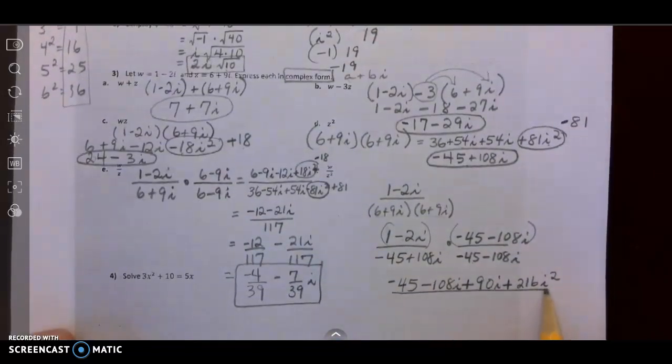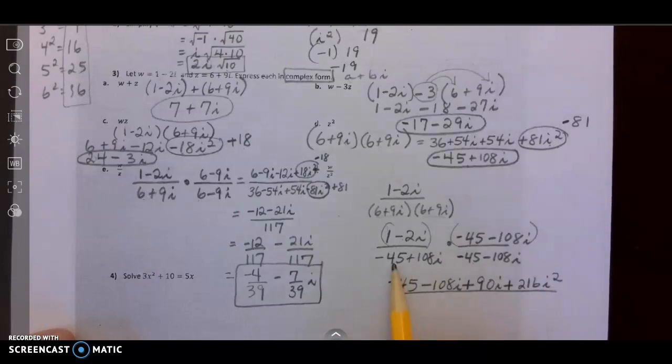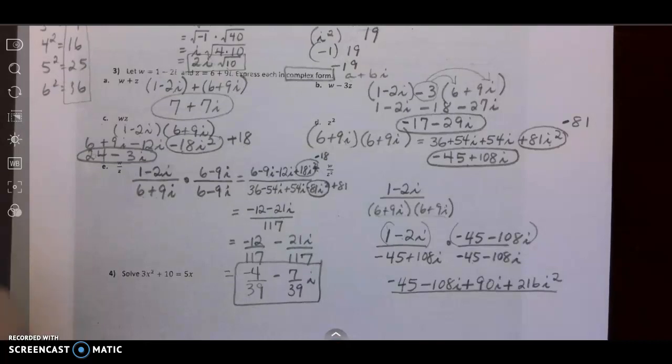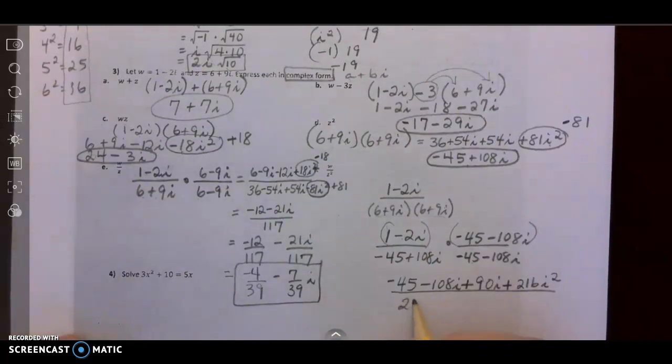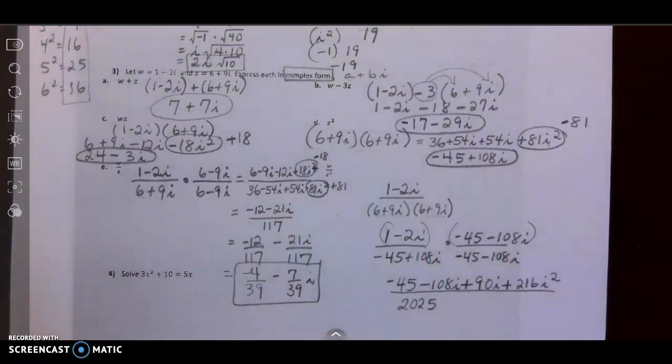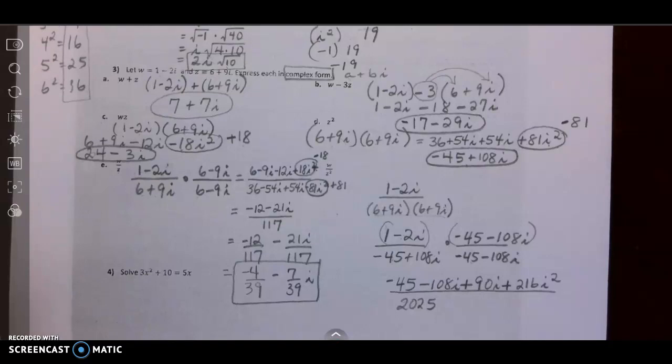Then I have the denominator. First term's negative 45 times negative 45. I used my calculator, I got positive 2025. Outer terms, 45 times 108. They're both negative. I'm going to get positive 4,860i.